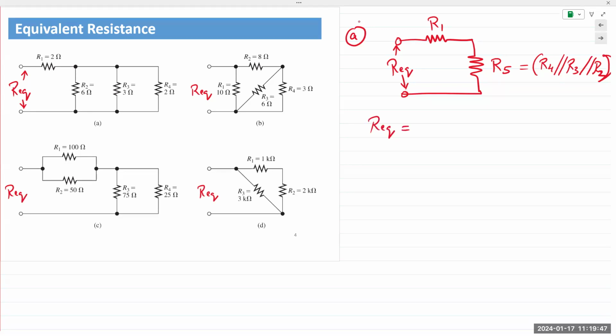Then Req is simply R1 plus R5, because they are in series and R1 and R5 share one terminal.